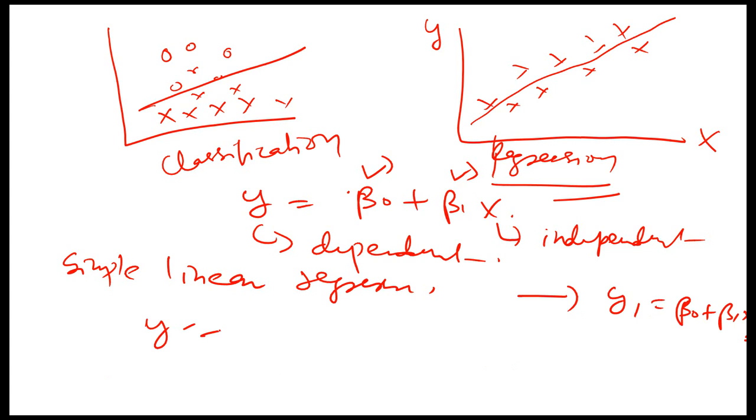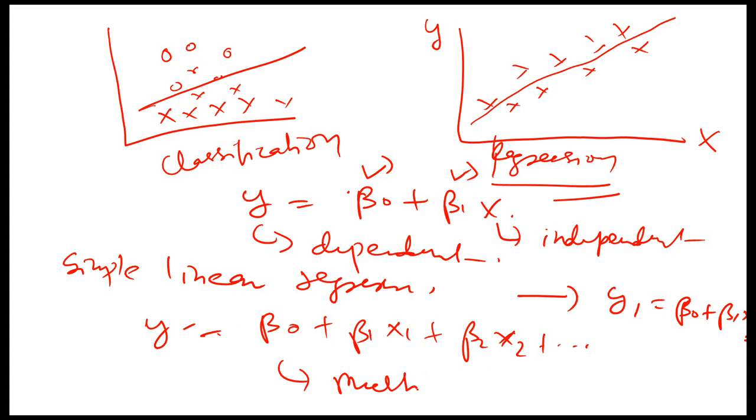So when we have a regression equation like this, beta 1 x1 plus beta 2 x2, and so on, we call this multiple linear regression. Clear? Now the question is, why do we have this distinction? Why do we distinguish between one variable regression and multiple variable regression?